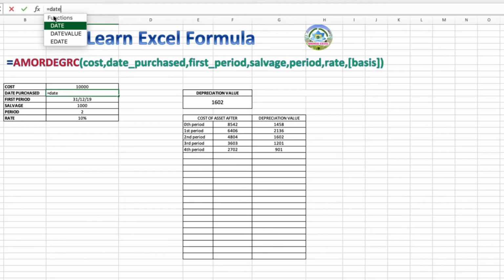When you type like this, you can select it, and it asks the year. I purchased this product on 1st January 2022, so the year is 2022, comma, the month is 1 and the day is 1. Just press enter.